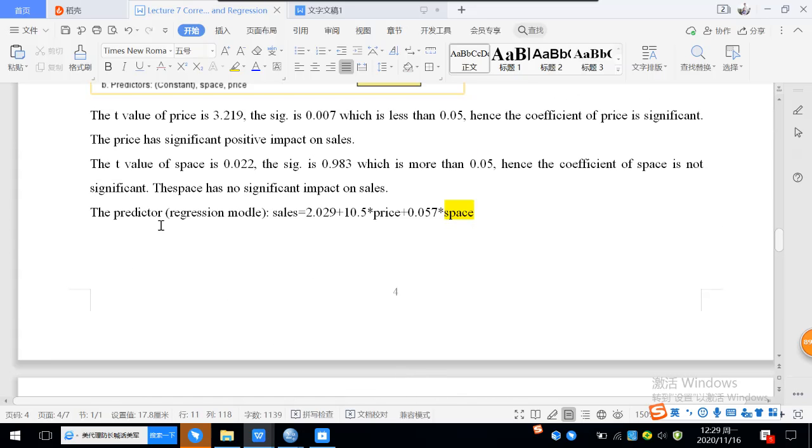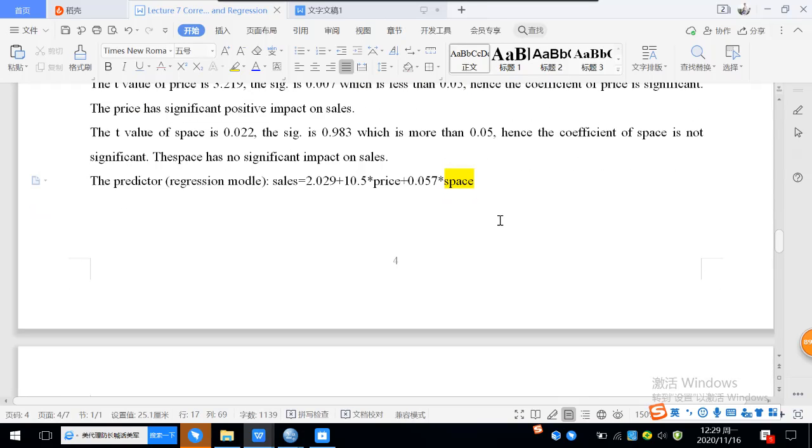This is the regression model. But since the coefficient of space is not significant, it's not quite reasonable that we use space and price to predict sales, right? Because this coefficient is not significant. So this is not the best predictor. You need to establish a new model.